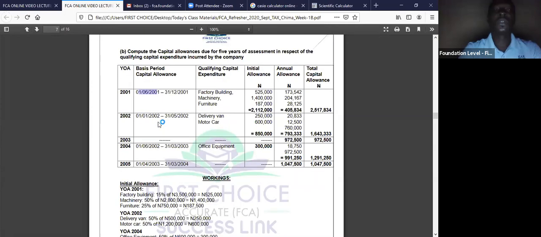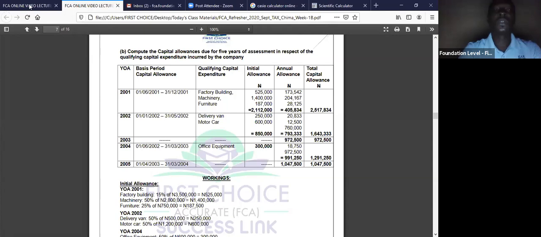For all the assets we bought in 2001, factory building, machinery, and furniture, look at what we did in the initial allowance. We said we are not prorating it.